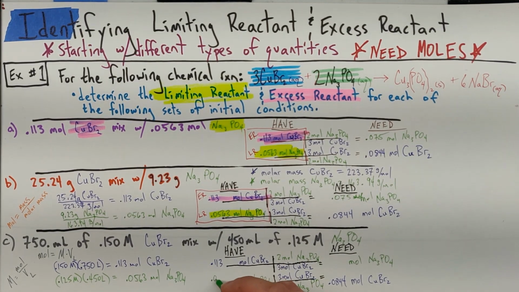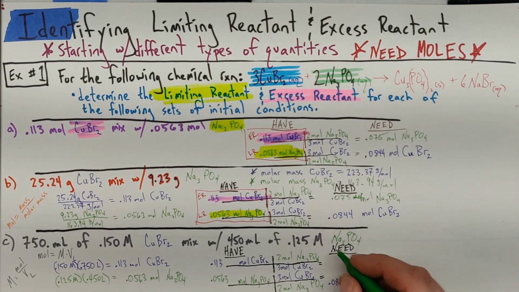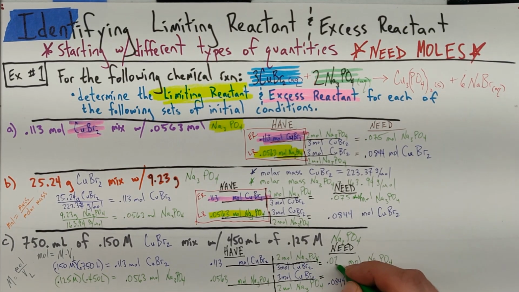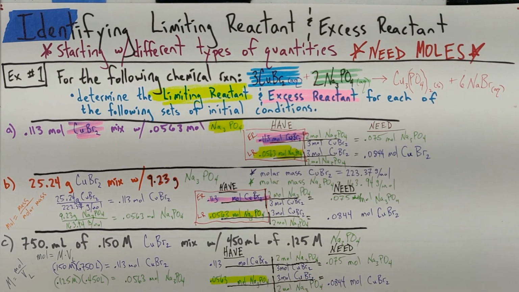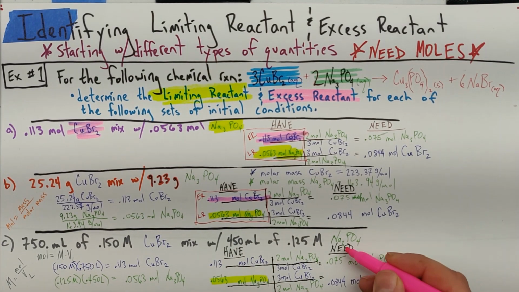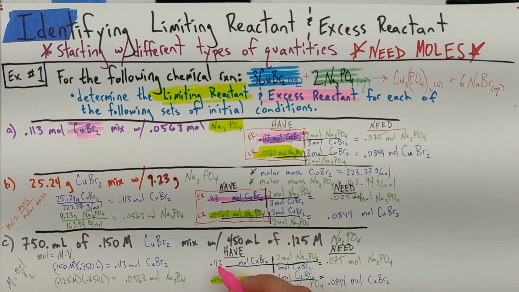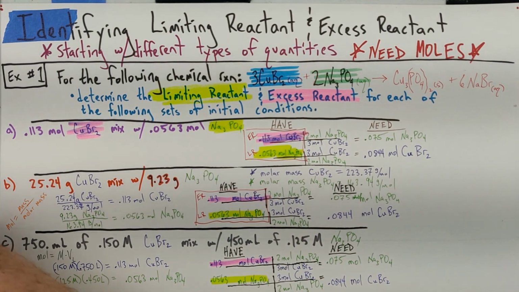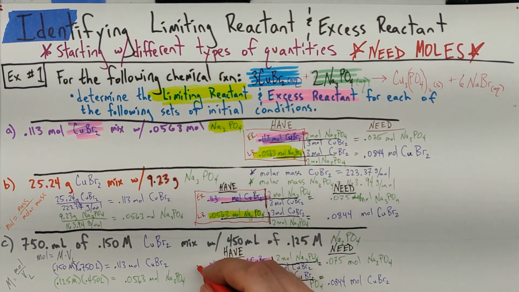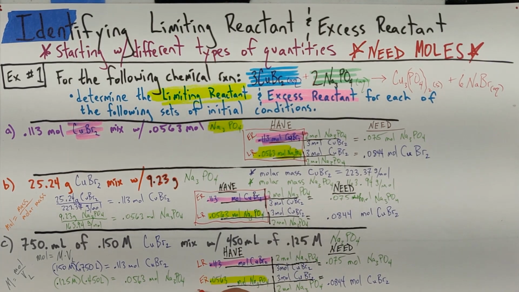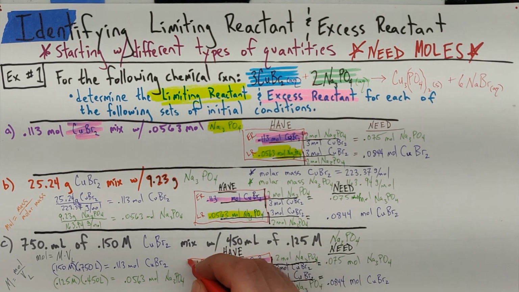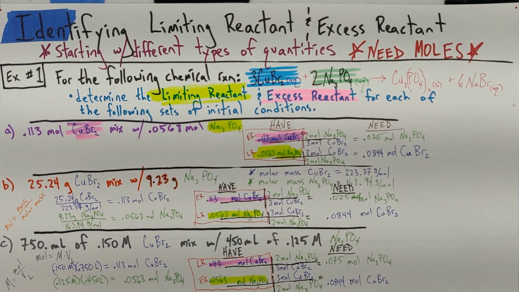So right here, 0.0563, and we end up with 0.075. This one, once again, have 0.05, need 0.07, don't have enough. That's our limiting reactant. This one, have 0.1, need 0.08. So we've actually got too much, and that gives us our limiting reactant and our excess reactant. And I'll set up another video where they aren't all the same, and that's a little more realistic.